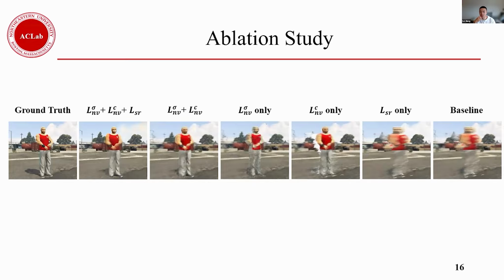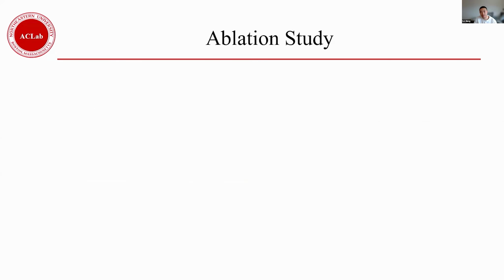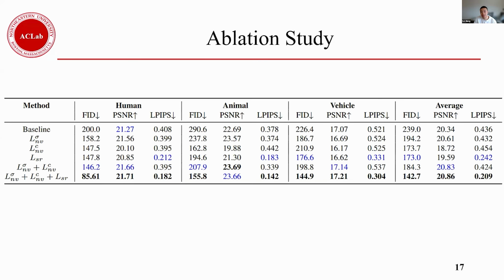Using only the novel view color loss reduces the blur, but introduces white artifacts because there is no shape constraint. Conversely, using only the sigma density loss keeps the shape intact, but loses the color fidelity. And these are also some numbers.